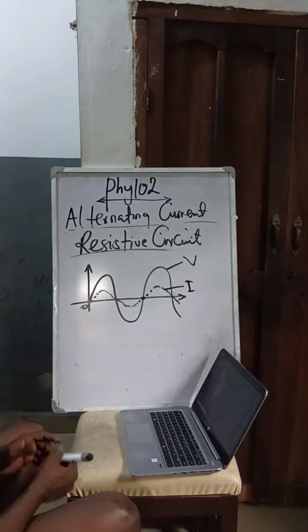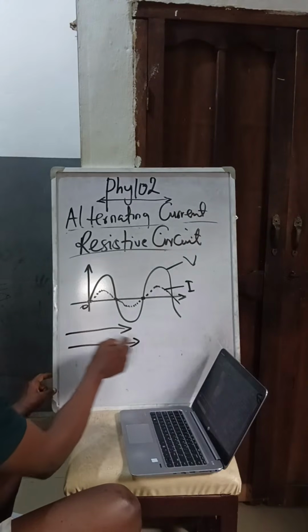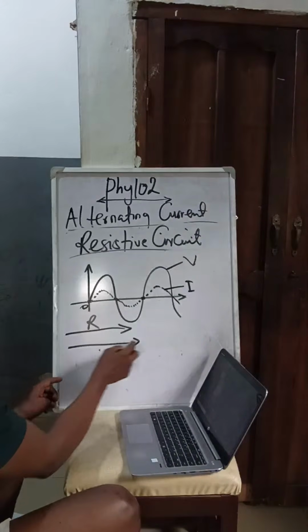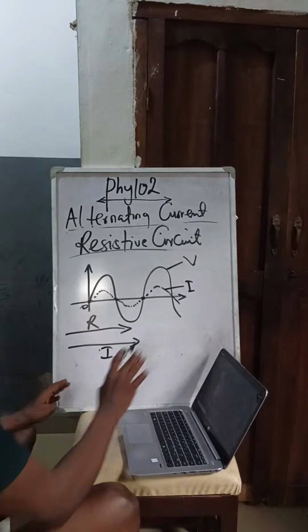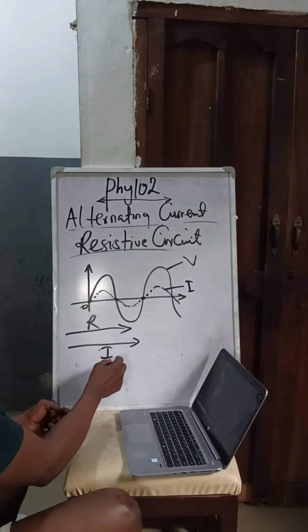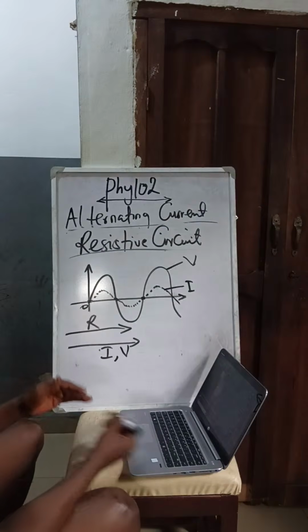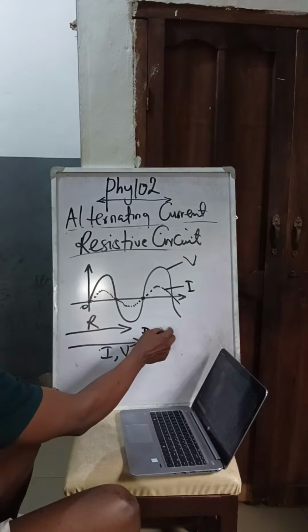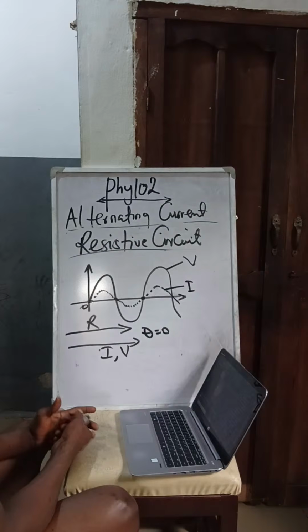See it here. So this is R, and current and voltage are in phase with the resistor. They are parallel. So there is no phase angle. Phase angle difference is equal to zero.